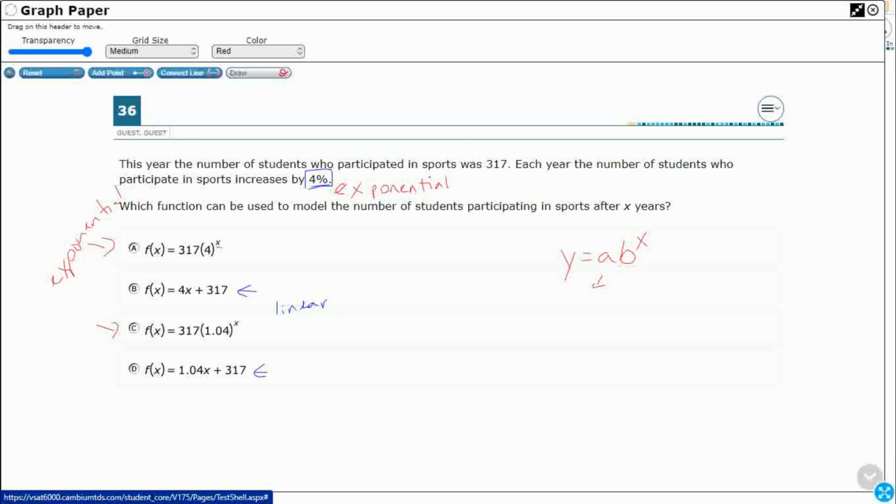So let's highlight these things because we're going to be able to grab them from our problem situation. This a is going to be our initial amount. Sometimes we'll be dealing with population growth. We might say there were 300 giraffes and then it decreased by 7% each year. So that a would be that 300, representing the initial amount of giraffes. Sometimes we will deal with sales, right?